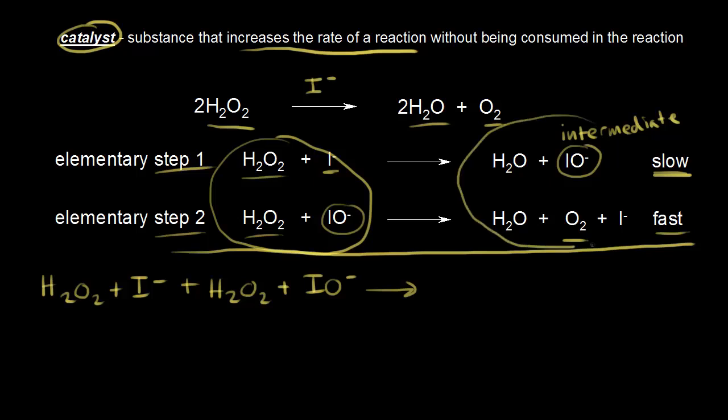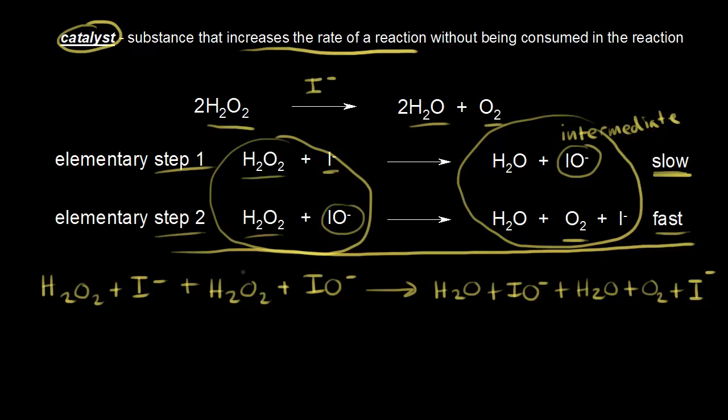So our products, circle all of them over here, we have H2O plus IO minus plus H2O plus O2 plus I minus. So we have a lot going on there. Let's see what we can cancel out.